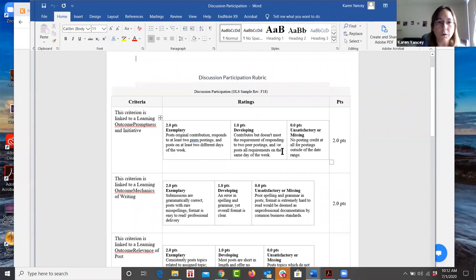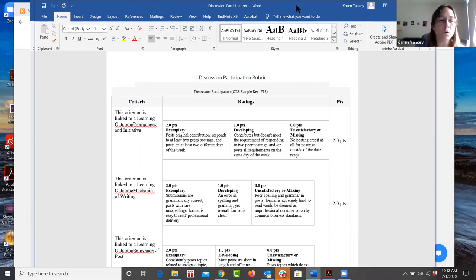You'd get 1 point for only doing 1 paragraph or only mentioning a few points, and 0 points for not posting anything at all. So that rubric is something the students can look at and judge their quality of product. They know what they're going to be graded by.